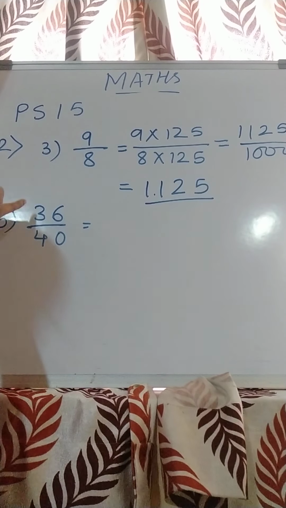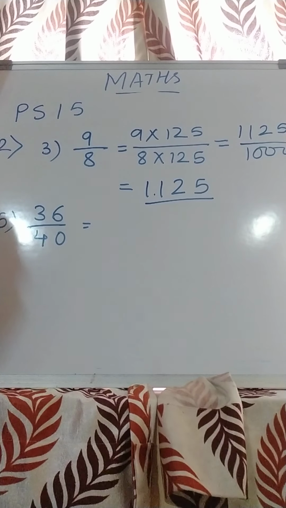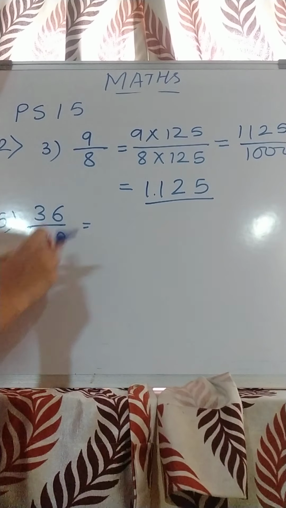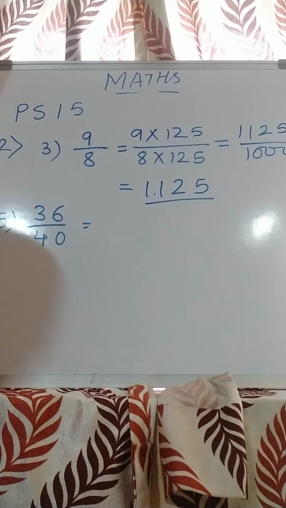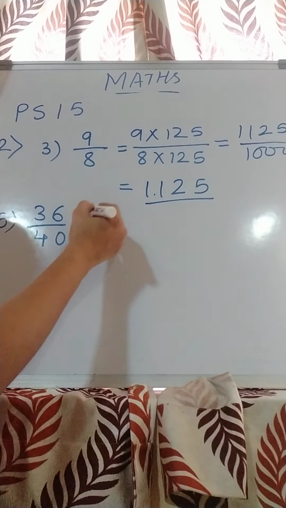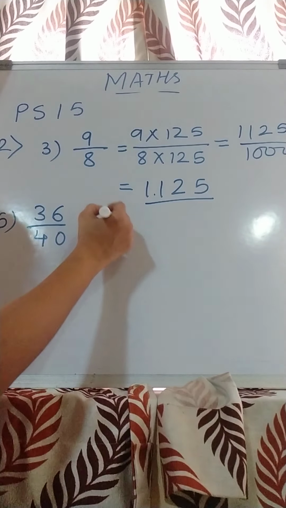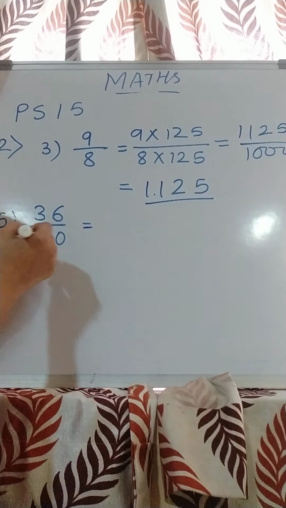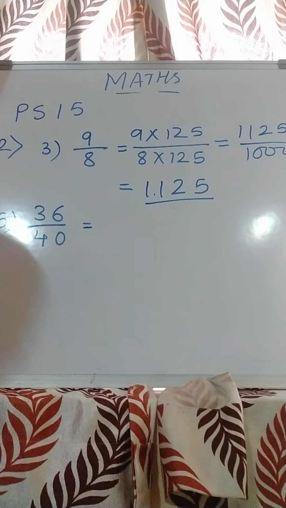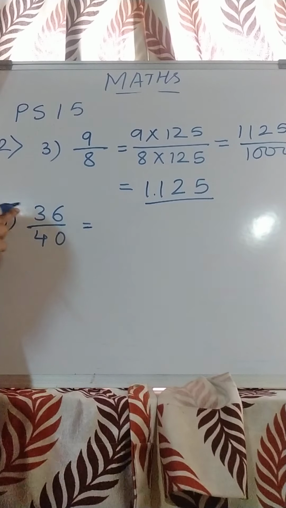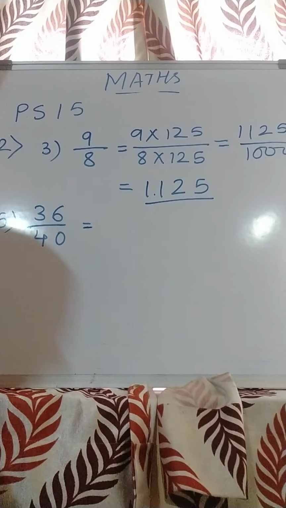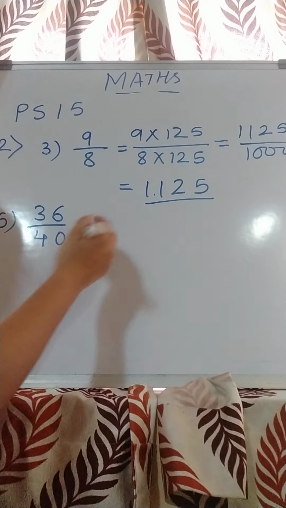You can solve it in two ways. You can first simplify this and then convert into a multiple of 10. Otherwise, you can directly multiply this 40 with 25, which will give you 1000. I am showing you. First, you can simplify it, because 36 and 40 can be divided by 4.